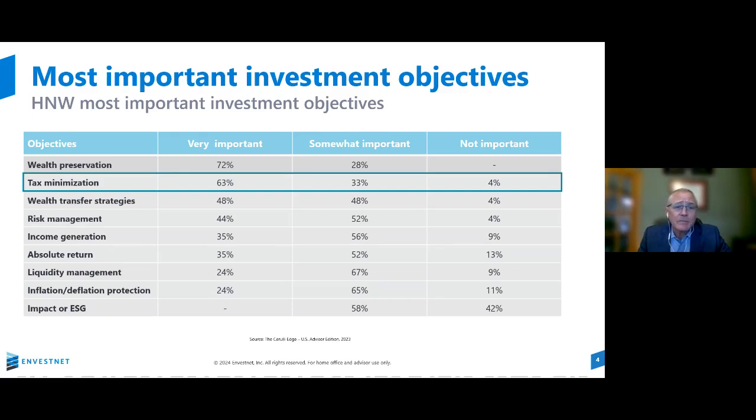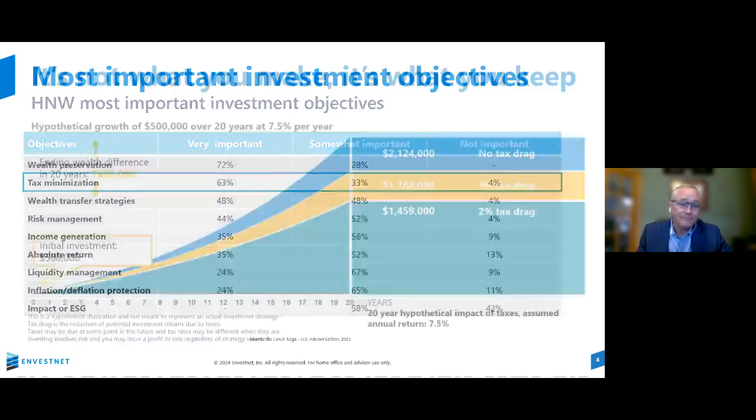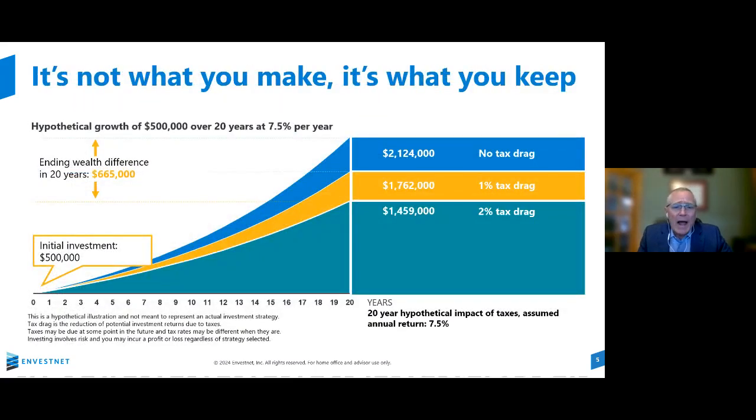It just shows that tax minimization is one of the most important investment objectives for high net worth clients, second only to wealth preservation. And I would make the argument that wealth preservation, or I should say tax minimization, is really just an extension of wealth preservation, because people do not want to lose their wealth by writing a check to the IRS.